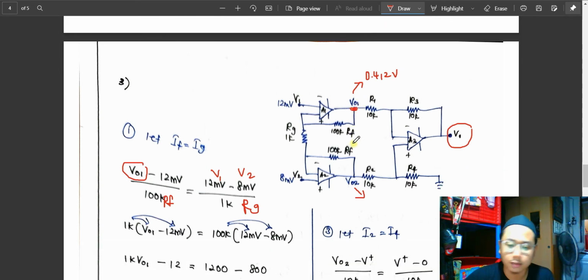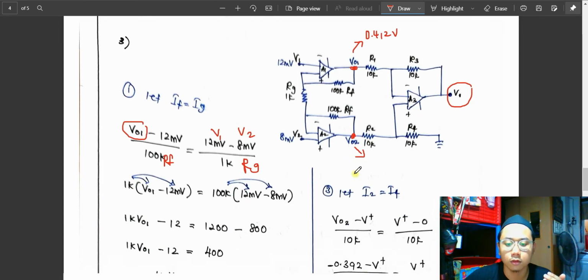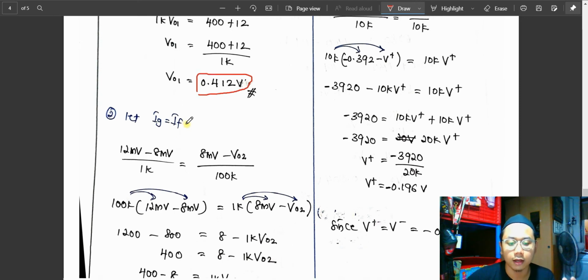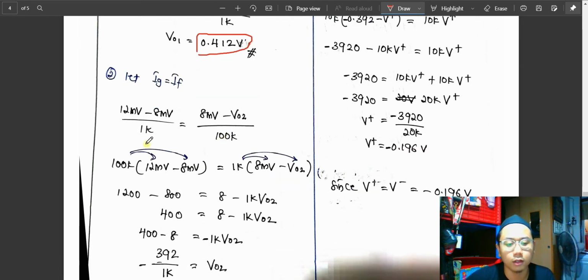Then let's go to the second step, which is we need to find the V out 2 right here. In the second step, let IG equal IF, just like step 1, and by using this formula, we will find the V out 2.